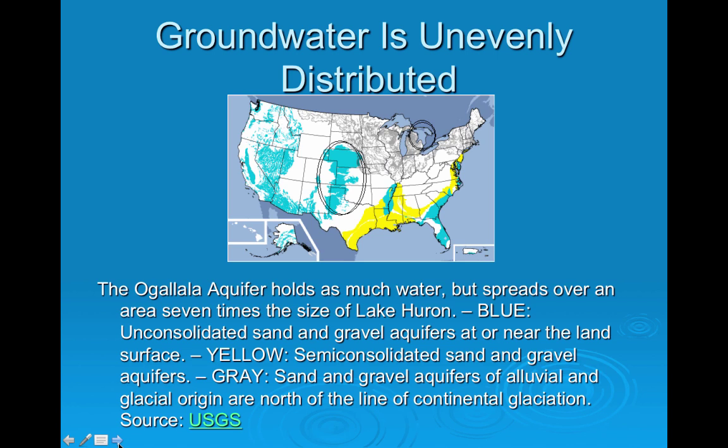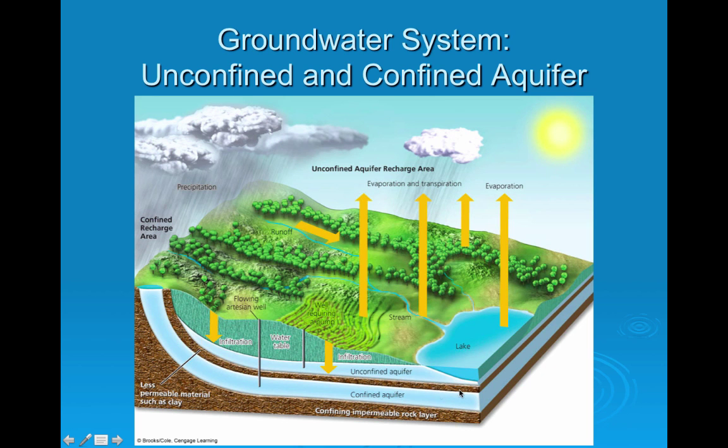One more commentary about the difference between a confined and an unconfined aquifer. Confined aquifers are under high pressure because, if you look at them, they're under pressure from the rock that's here.